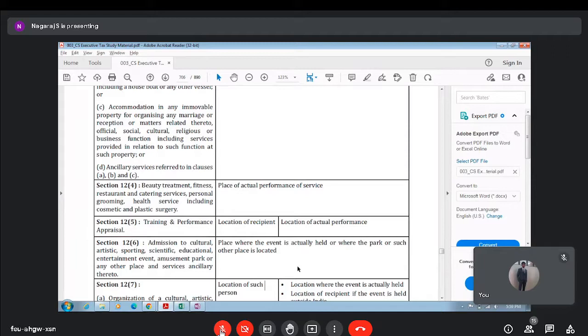Where the event is actually held will be the place of supply. Where will the IPL event happen? Chinnaswamy, in Bangalore. That means the place of supply will be Bangalore, Karnataka.